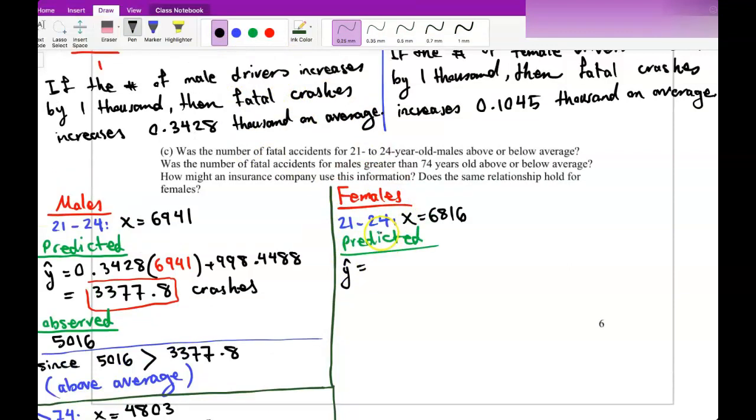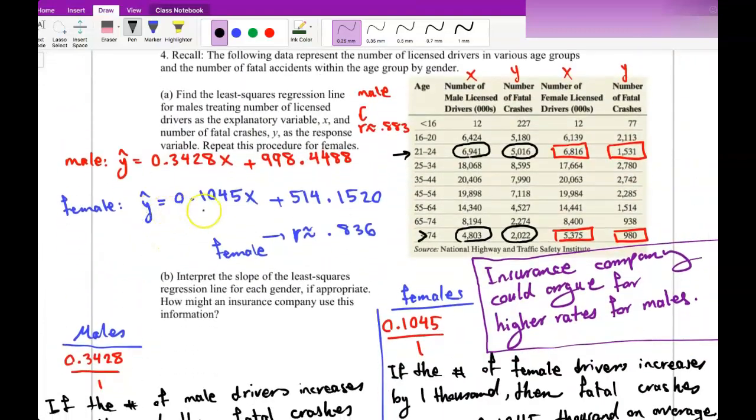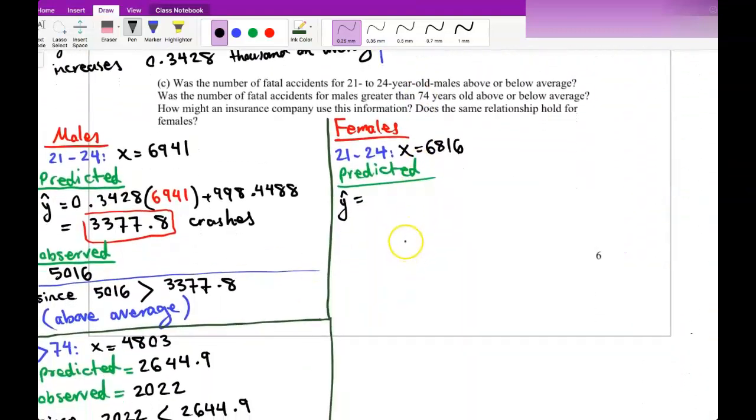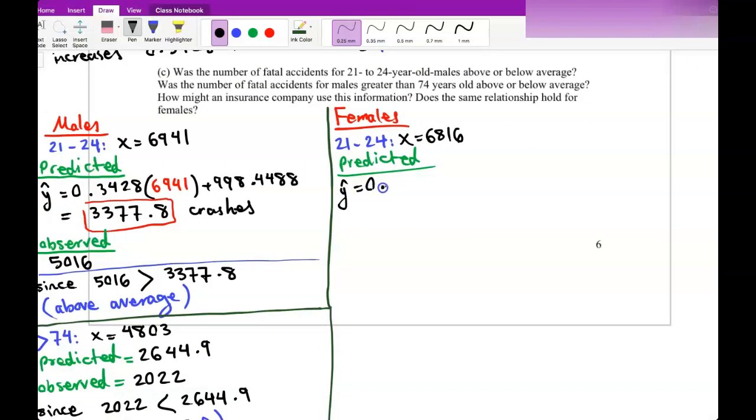So y hat is equal to, using this line, multiply by this x, that is equal to 1226.4.